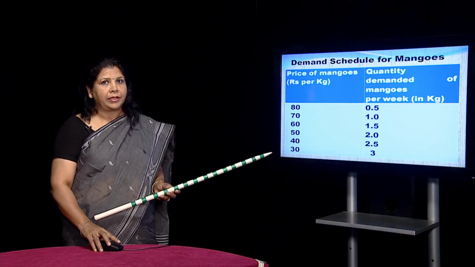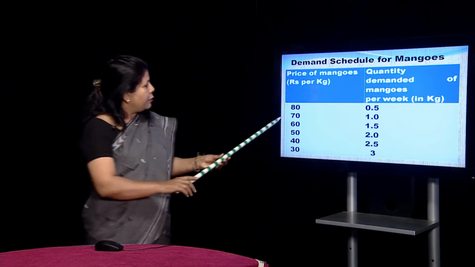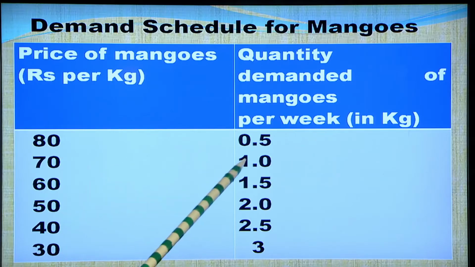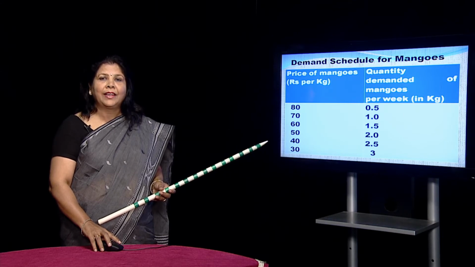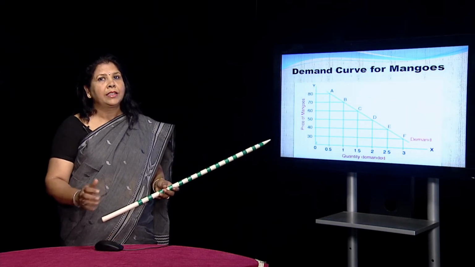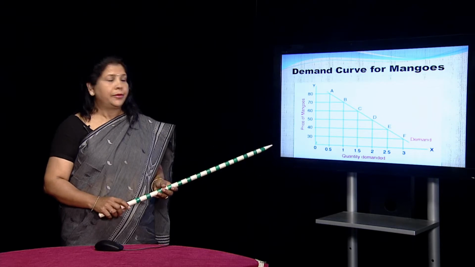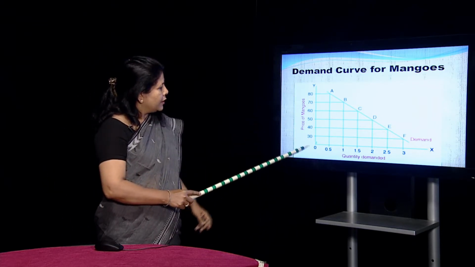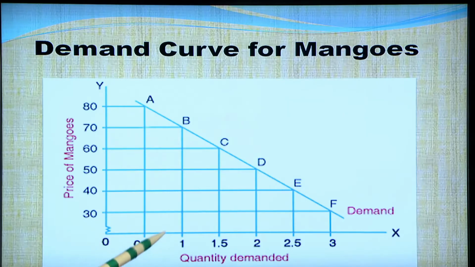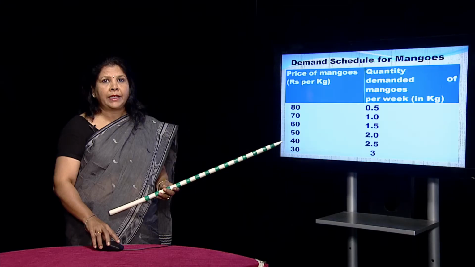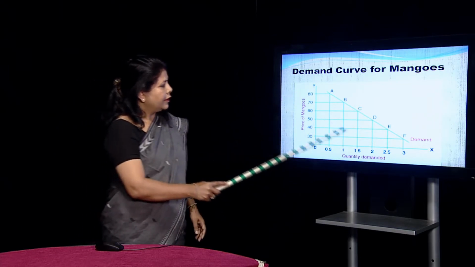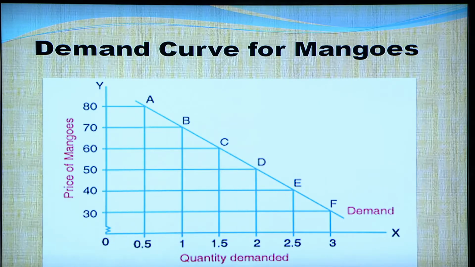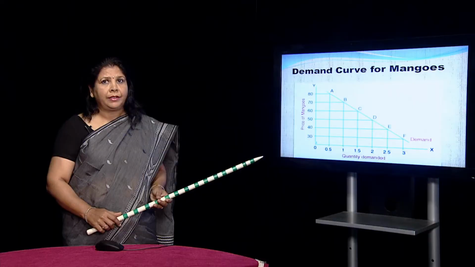If we plot these points on the 2 axes and join these points together, what do we get? We get the demand curve for mangoes. As shown here, the same data which was shown before has been plotted as a curve. And so this way we get the demand curve.